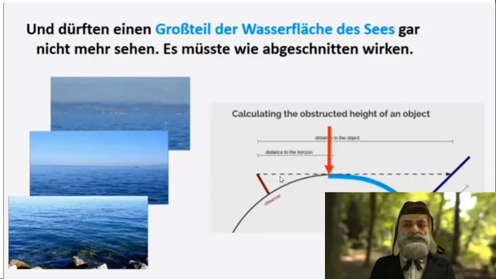Therefore, the horizon is closer to him, and more of the lake should be hidden. Duh. We see this, and he writes, or we know this. We can calculate this. We also see this. It should appear as if it was cut off.